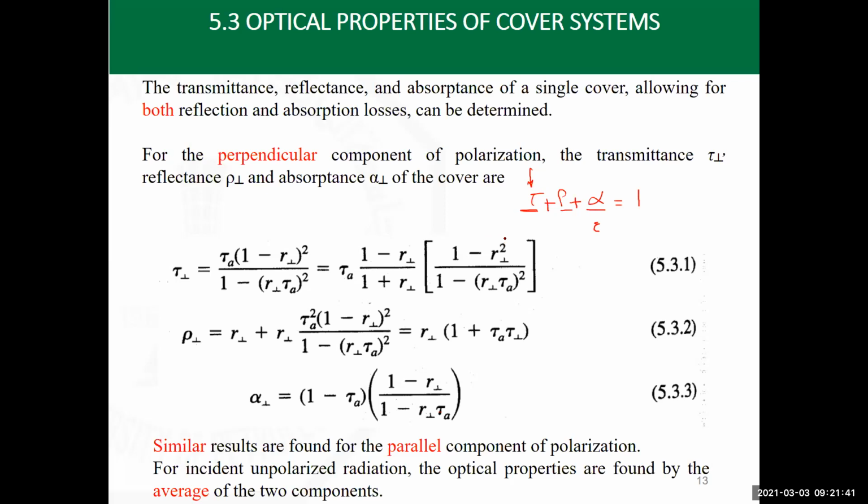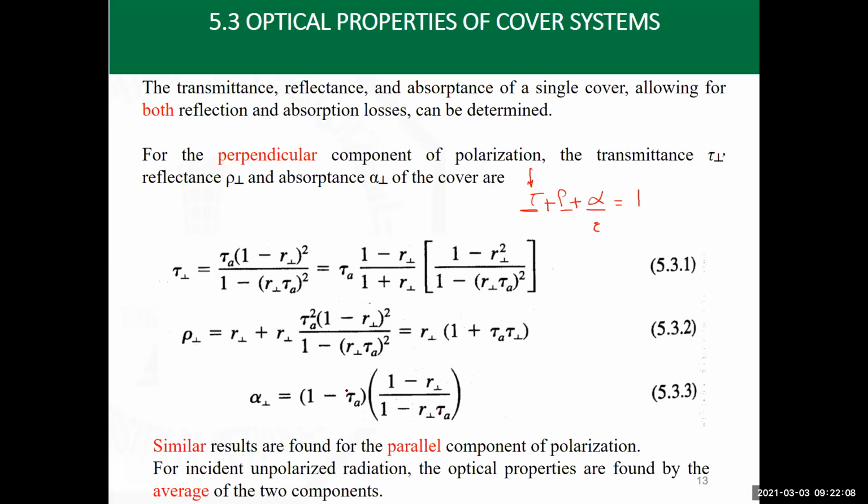The relations are given here. For the perpendicular component of the polarization, tau perpendicular is given by equation 5.31. The value of rho is given by this expression, equation 5.32. And finally, the value of alpha, or the absorptivity, is given in this equation here.